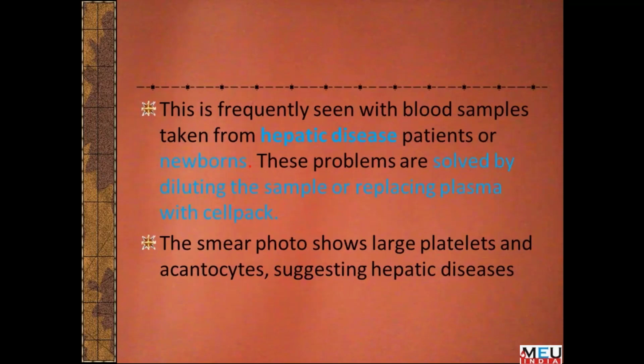Sometimes samples are taken from patients with hepatic disease or high protein levels. If we replace the plasma with our cell pack, which is provided along with the sample, it helps in clearing the proteins, and the counts can then be counted.